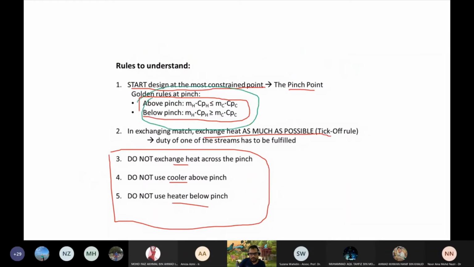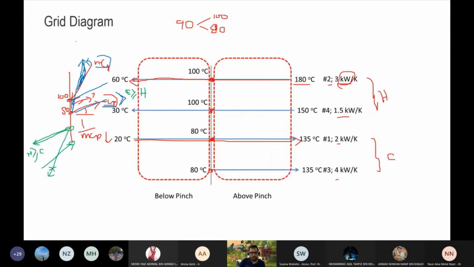You don't need to memorize this. You just need to know why it has to be that way. So we start from the most constrained point, meaning we see which one we can match. Say for example, above pinch is over here, and this is below pinch.